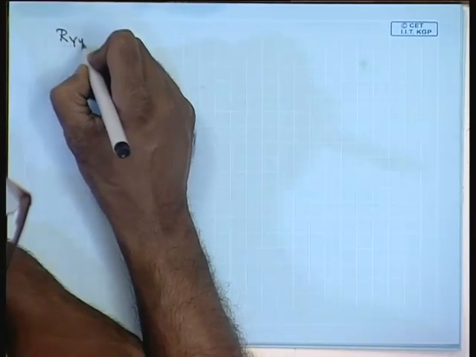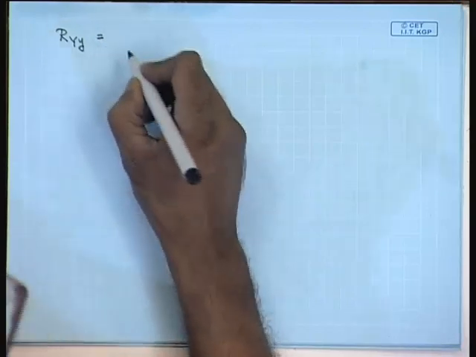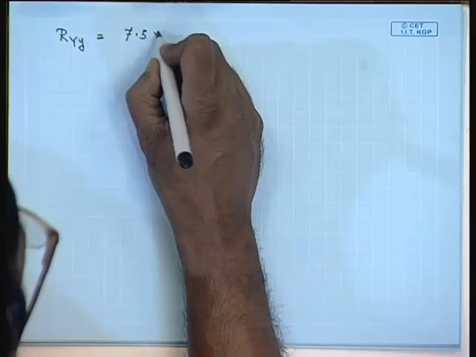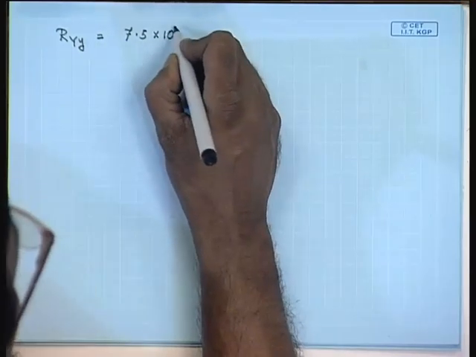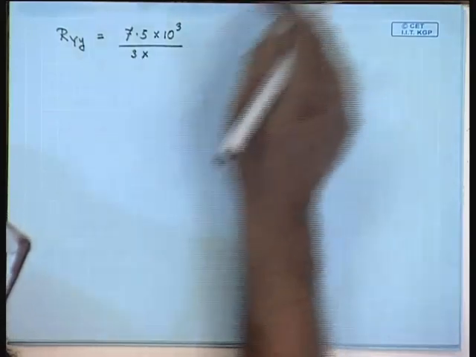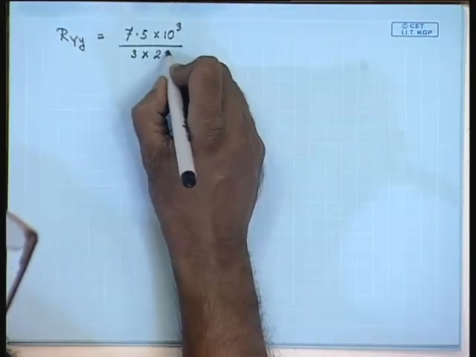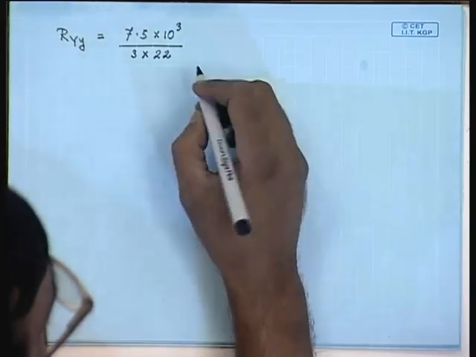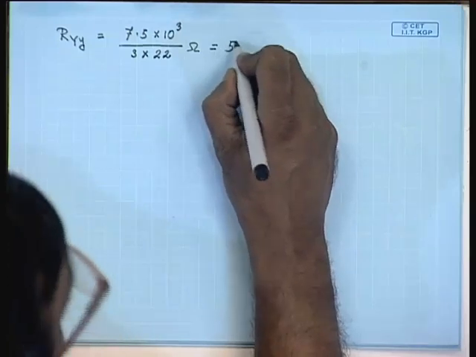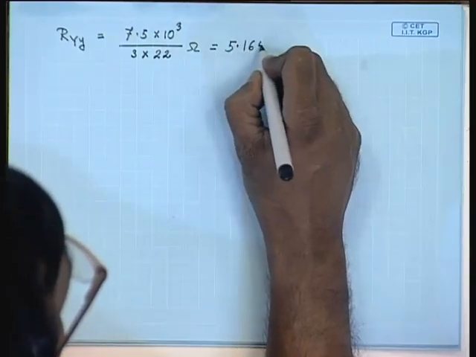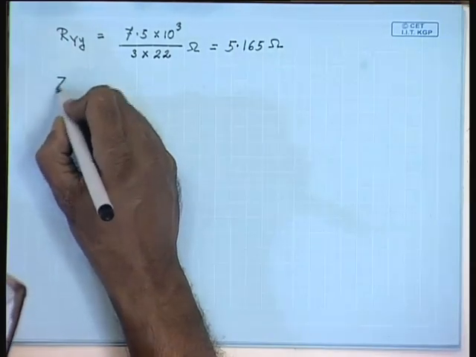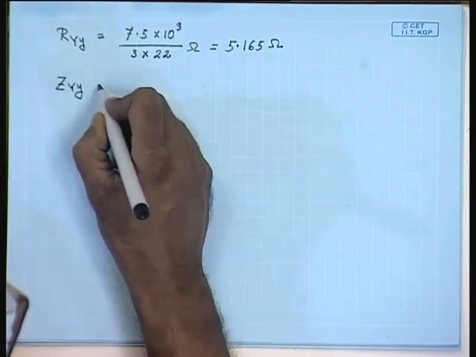This should be equal to 7.5 into 10 to the power 3 divided by 3 into the circulated current of 22 amperes squared. This gives me a value of 5.165 ohm.